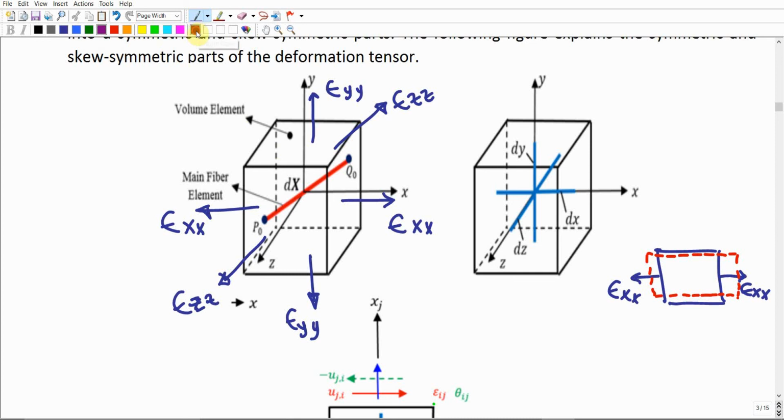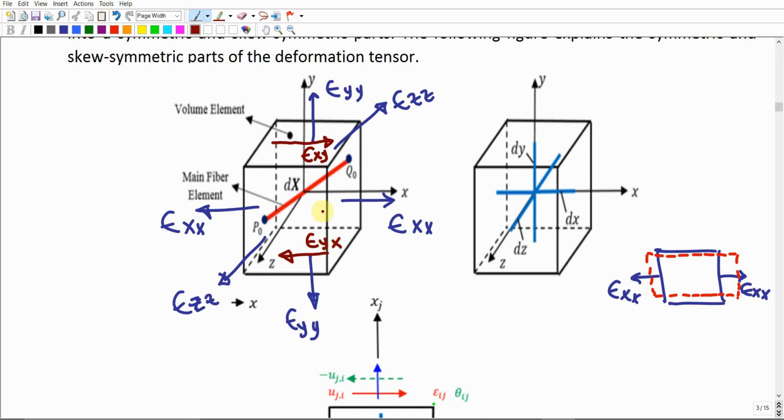So we have, for example, epsilon xy. Like you're pushing the surface on the top parallel to the x direction. This is epsilon xy, and pushing the other surface parallel to the negative x direction is epsilon yx.